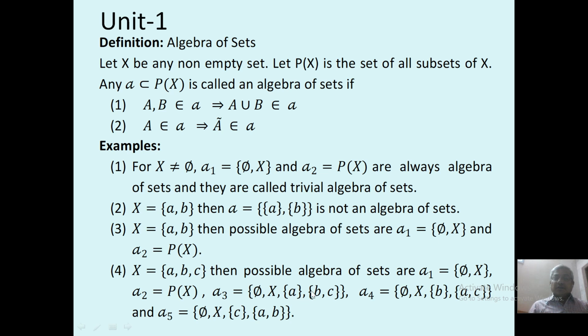So the union of these two sets is also a member of A3. Complement of {a} is {b, c} and complement of {b, c} is {a}. So the complement of each and every set is also a member of A3.